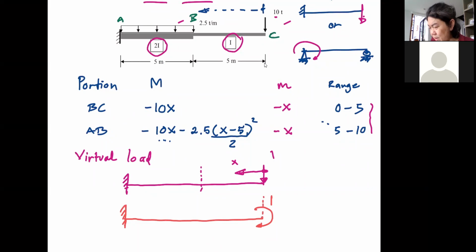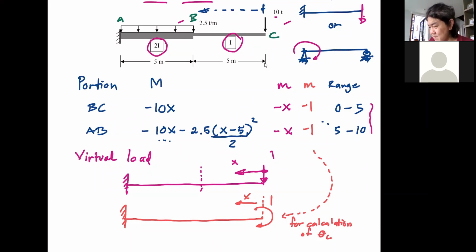If I'm going to write my moment equation and it's a unit moment, that means my moment equation becomes just a constant, right? Of minus 1. So this is for the calculation of delta C.